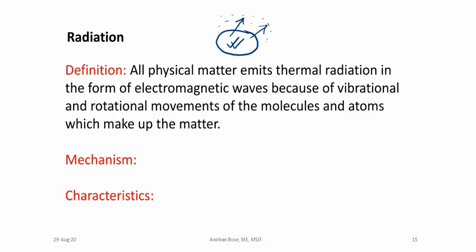Now come to the definition. All physical matter emits thermal radiation in the form of electromagnetic waves because of vibrational and rotational movements of the molecules and atoms which make up the matter. That means suppose this is a matter, and within this matter there are atoms or molecules, and these atoms or molecules are vibrating, and they can have rotational motion also.